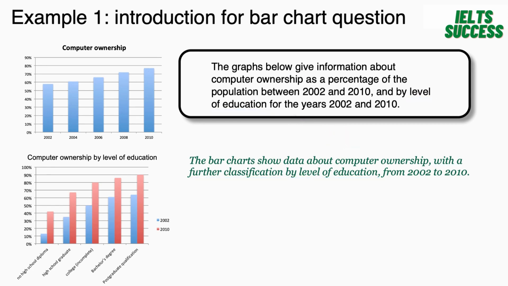Finally, when indicating a time period, instead of the original expressions between 2002 and 2010 and for the years 2002 and 2010, I simply wrote from 2002 to 2010. You can see that paraphrasing is very important for a good introduction.